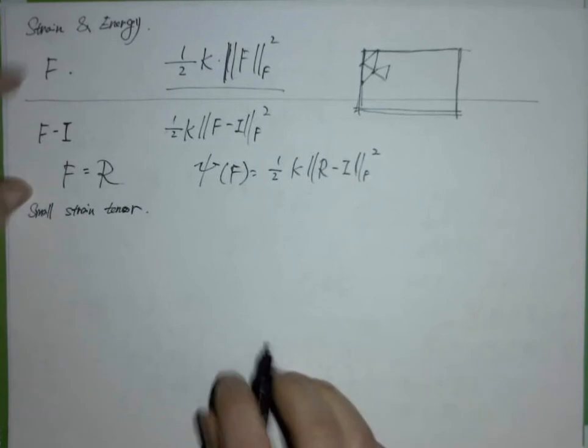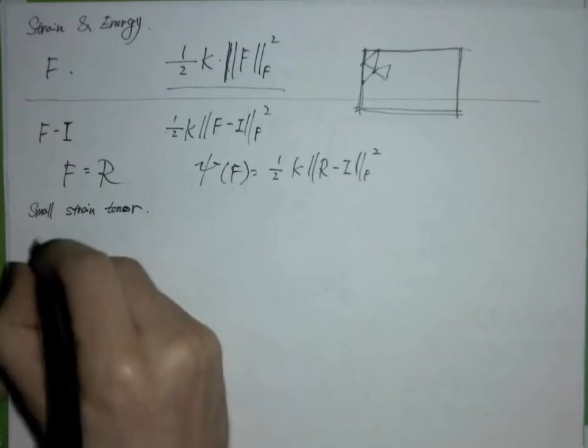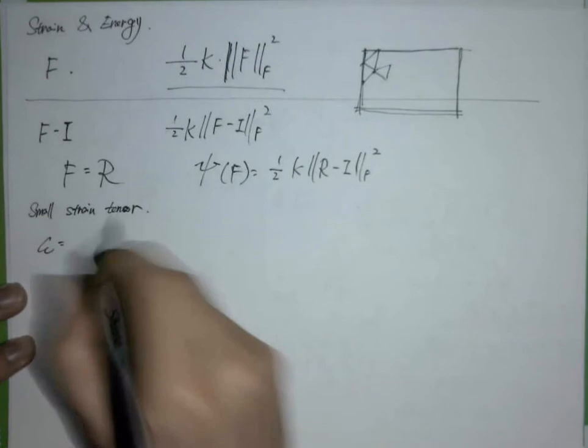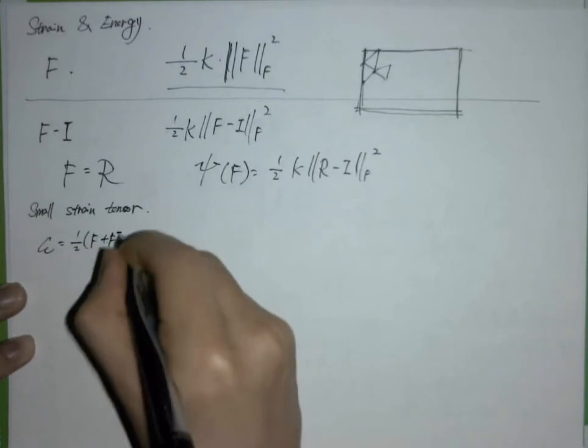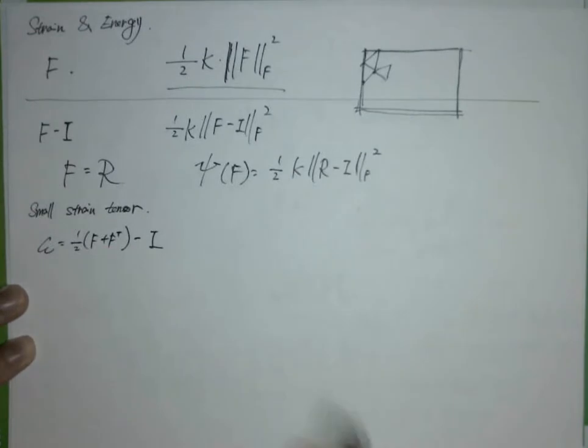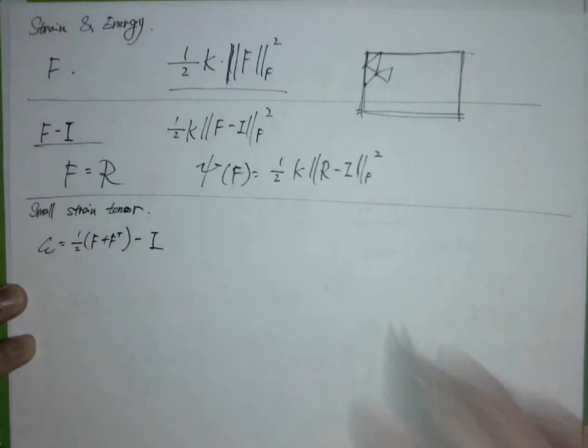So what does this tensor do? This tensor, I can write as epsilon equals 1/2 of F plus F transpose minus identity. It's not very far away from F minus identity. It's still a linear form.